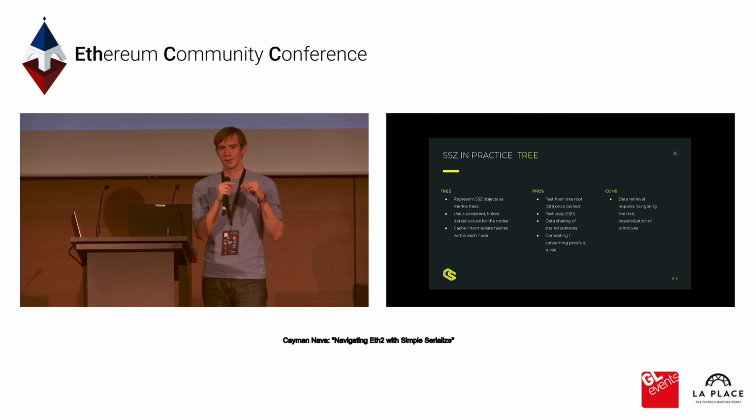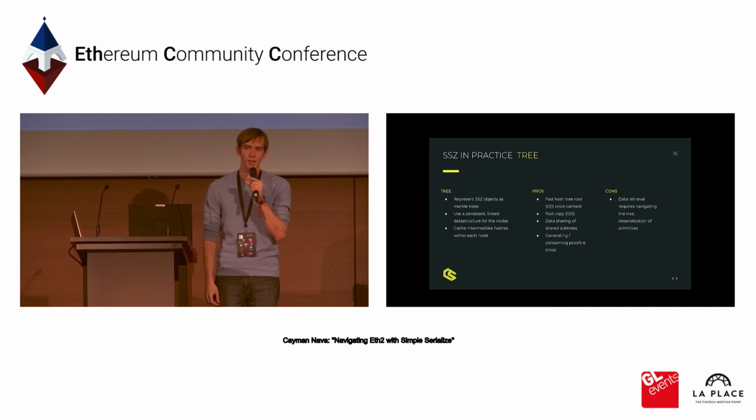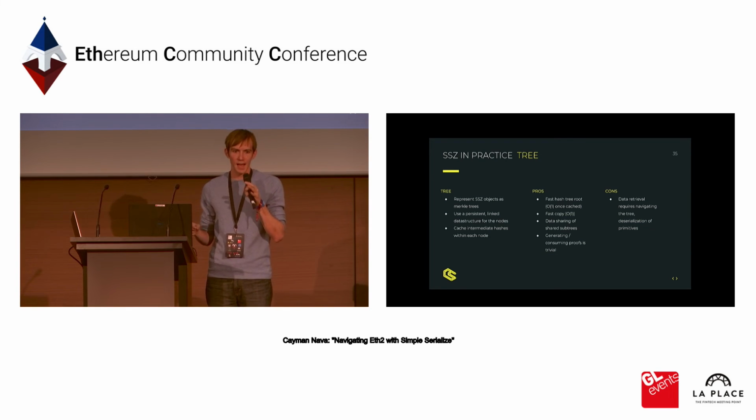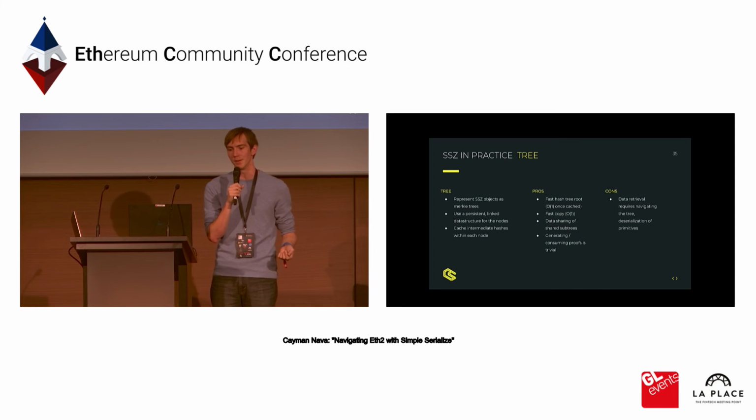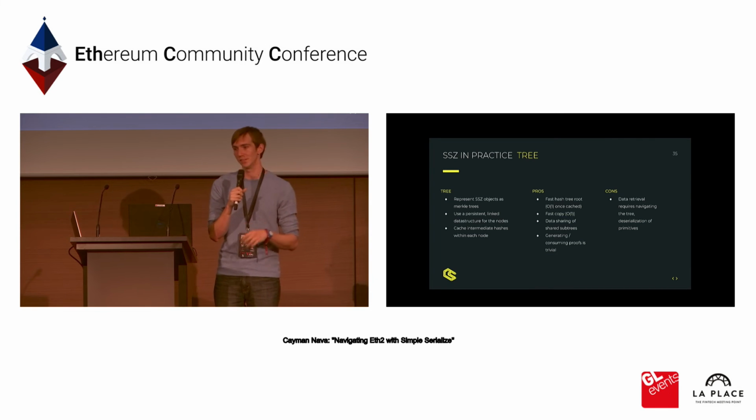We have separate nodes with pointers to each of the children, and whenever we do an update to a leaf, we can cache all of the pieces of the tree that don't change. Whenever large parts of the tree don't change, we can reuse that subtree, reuse all of that memory.